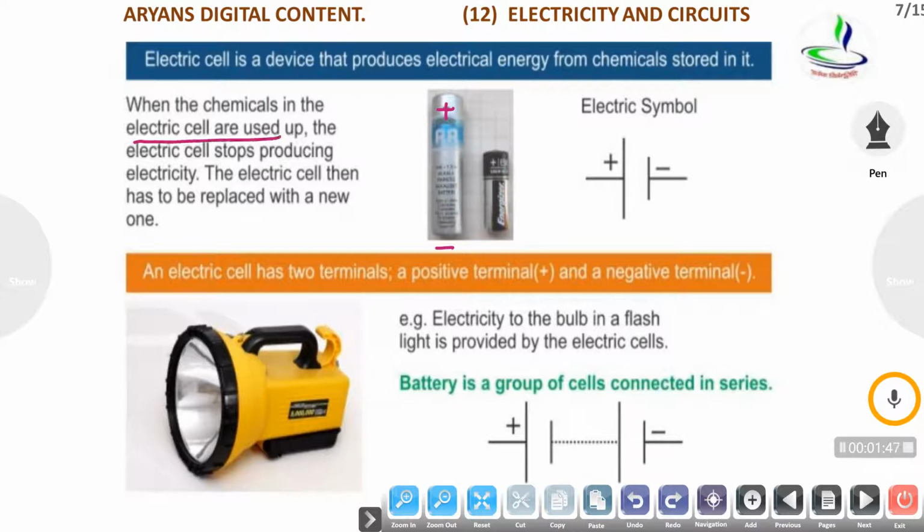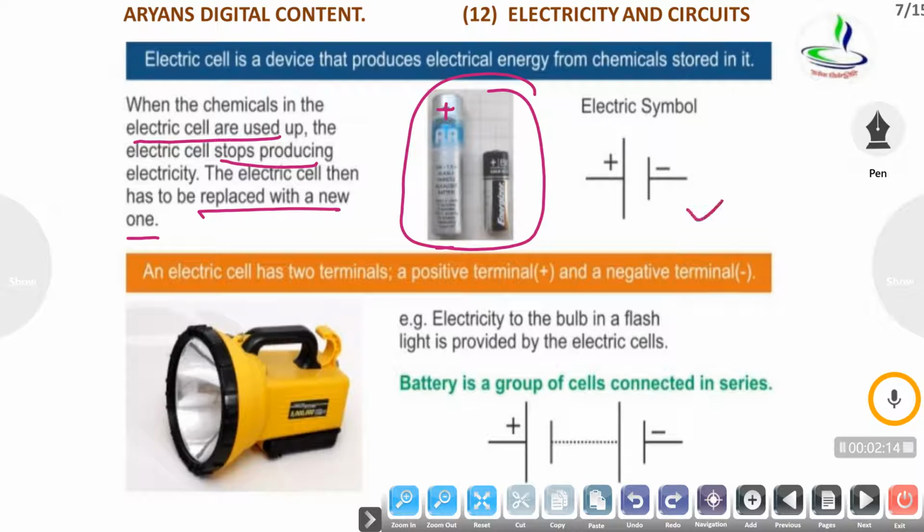When an electric cell is used up, it stops producing electricity, as on our watch or remote, which will stop working. Why does this happen? It happens because all the energy which is stored in a cell is consumed, and now we have to replace it with a new one.